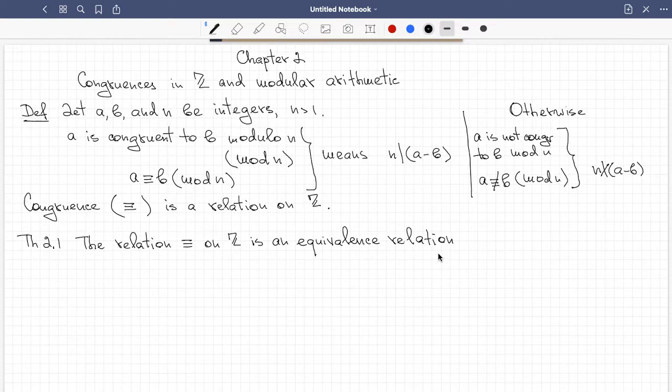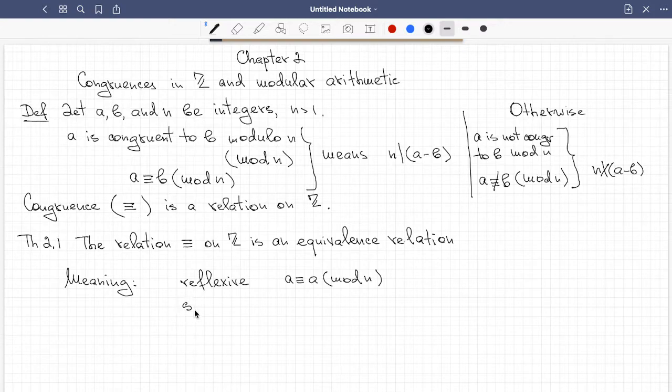I recall the meaning. What does it mean, equivalence relation? This means that the relation satisfies several requirements. It is reflexive, which means a is congruent to a mod n, whatever a is.